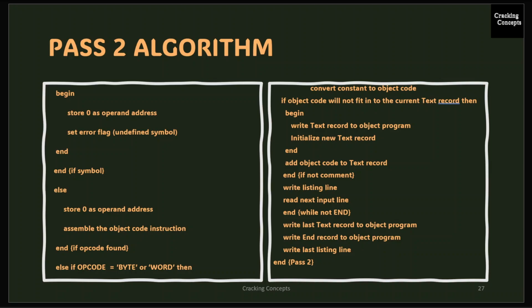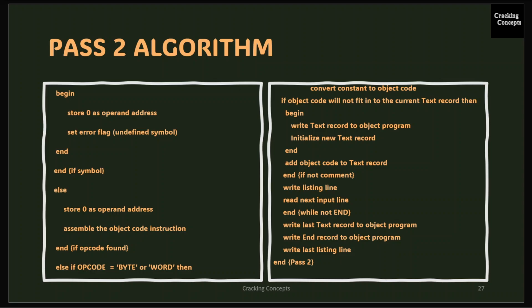In the previous video, I had discussed that the length of each text record can have only 30 bytes, that is 2 columns per byte. So maximum there is 60 columns. So if anything exceeds that, it will be written in as a new text record.